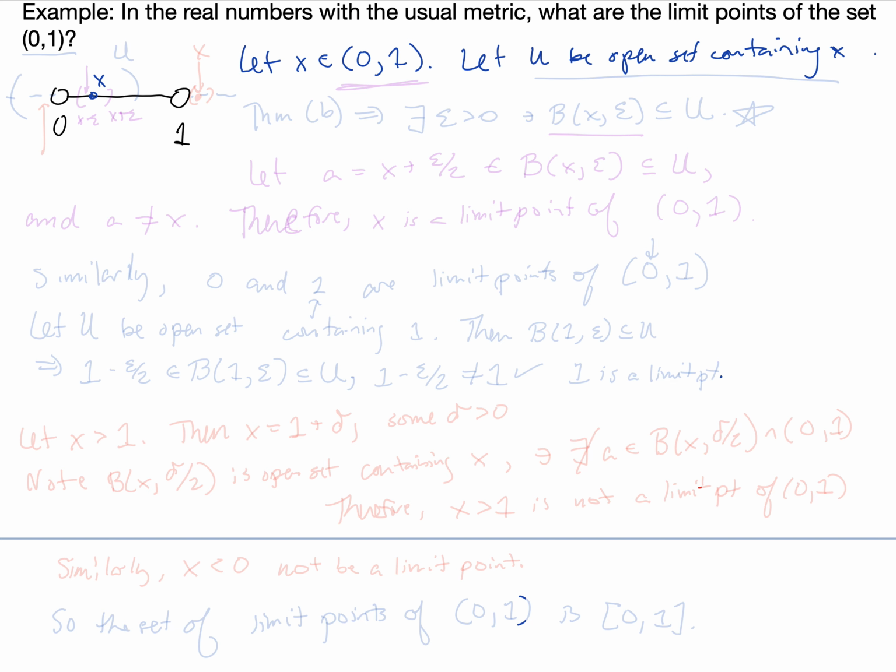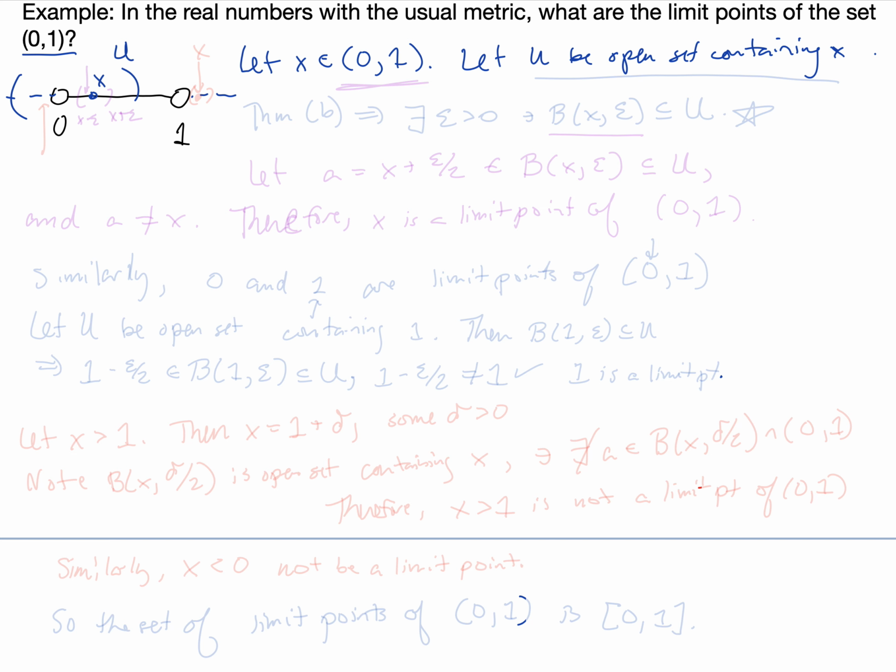Could be anywhere, so it's on this real line somewhere. Maybe it's a subset of (0, 1), and maybe it's not. But here's our set U, say. And so what we want to show is that there's some other point a, such that a is an element of U, and a is an element of this particular set that we're trying to find limit points of.